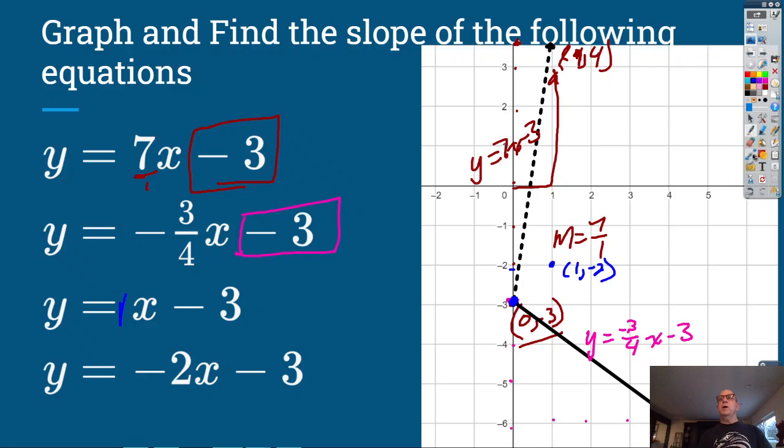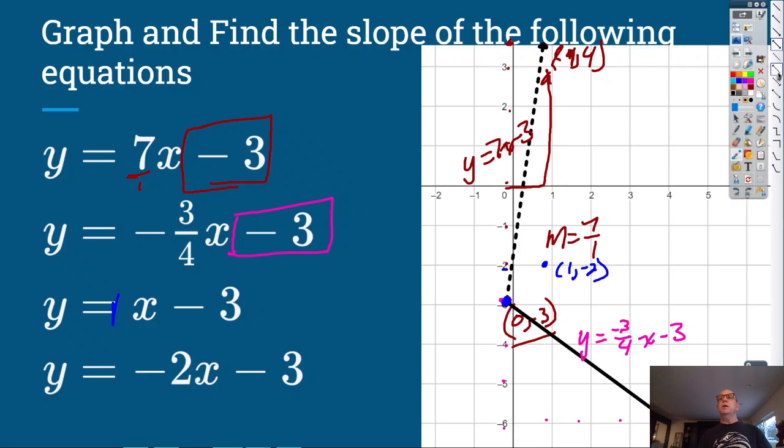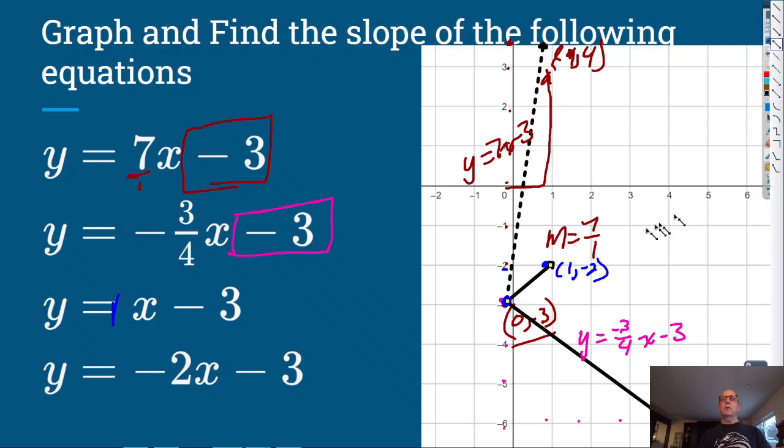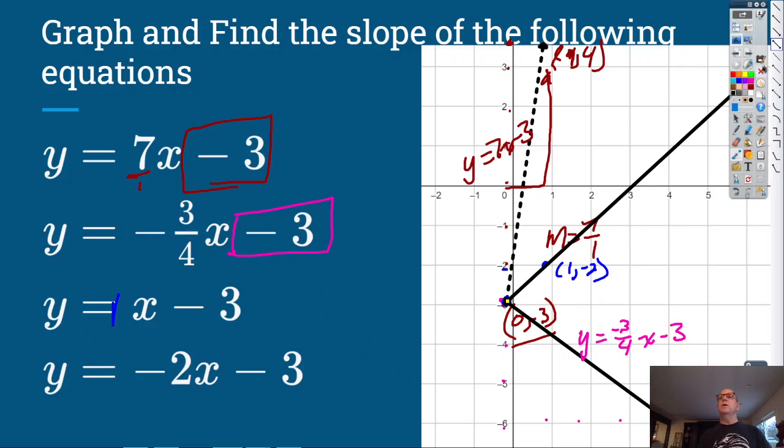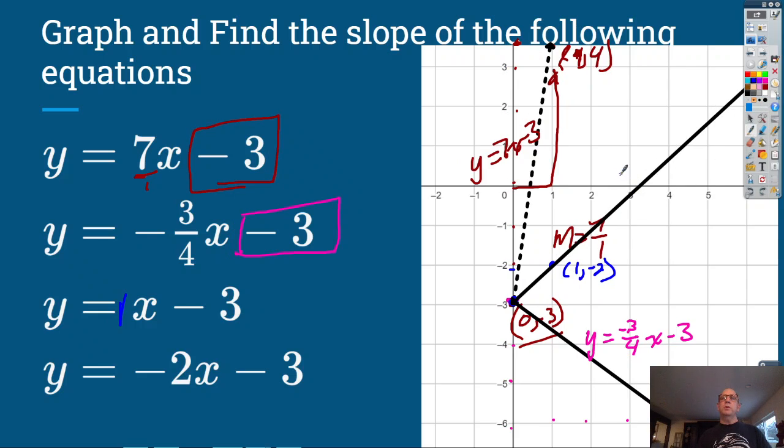So this line is this. And it'll really go on forever, but we'll just draw it right there. So this is the line y equals x minus 3.